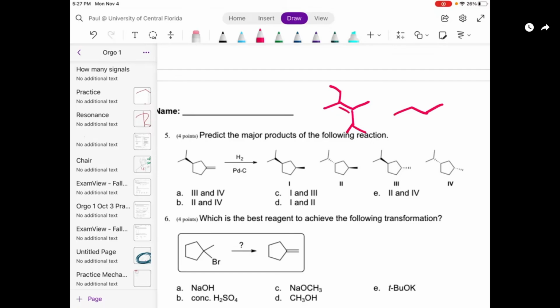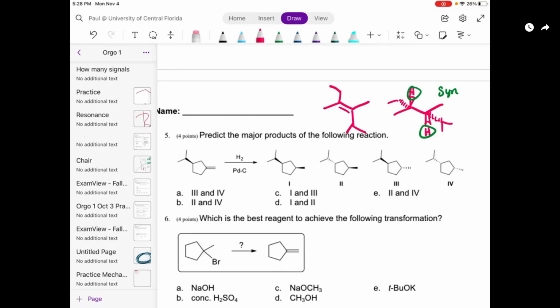So if the 2 hydrogens come in and add from the top face, like this, both on the same side, then that means the ethyl group is going to have to add on the back, and then the isopropyl also on the other side. So we see that we have syn addition because those 2 hydrogens are coming in on wedges or the same face.